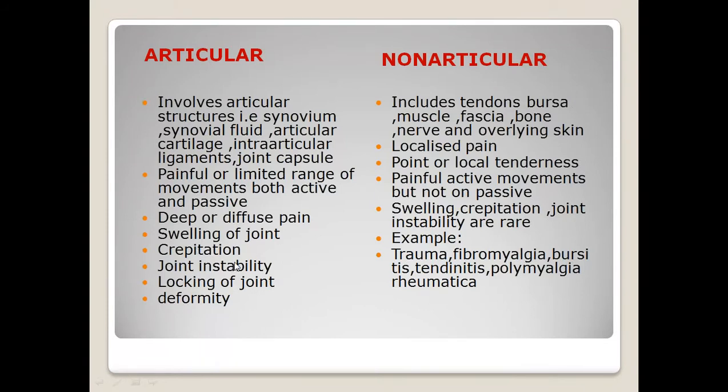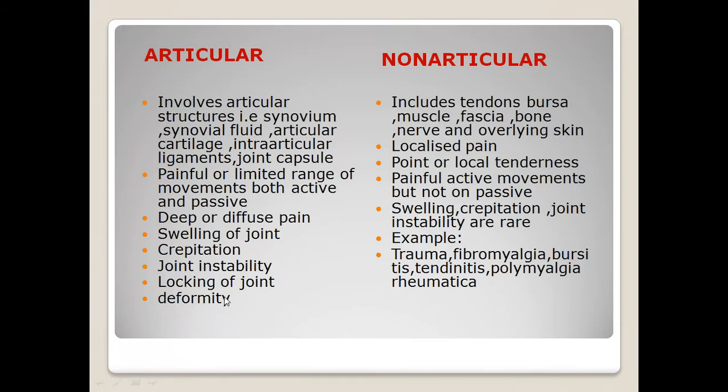Crepitations are the small sounds that the bones make when the synovial fluid is lost and movement is done. And there is joint instability, locking of joint, or deformity. The locking of joint means very restricted movements, where the patient is unable to move the limb because of the pain and inflammation, and is in a locked-up state.